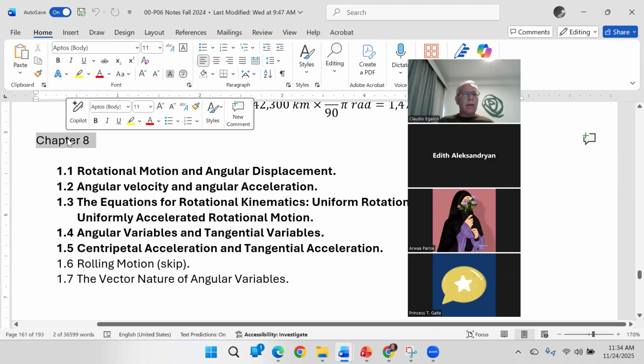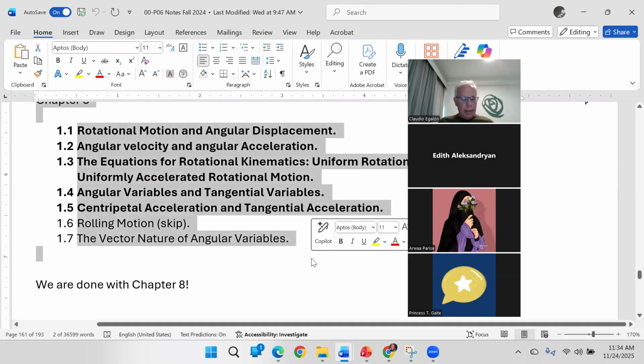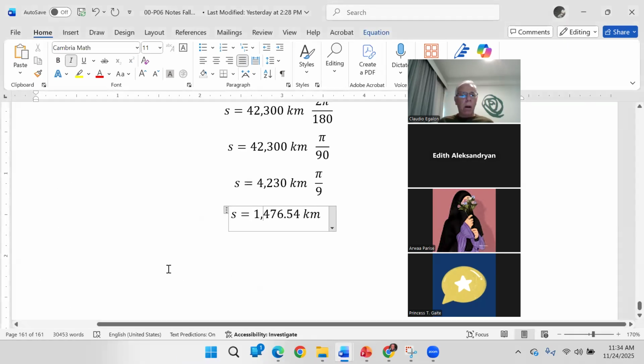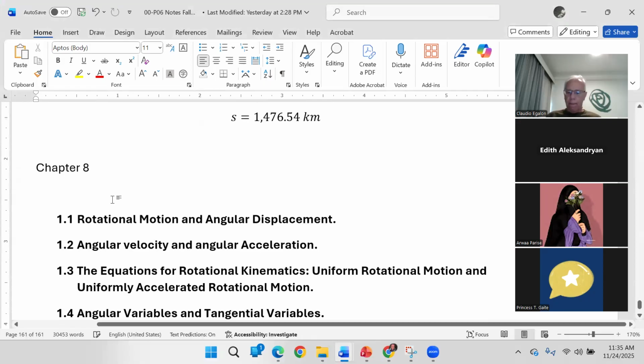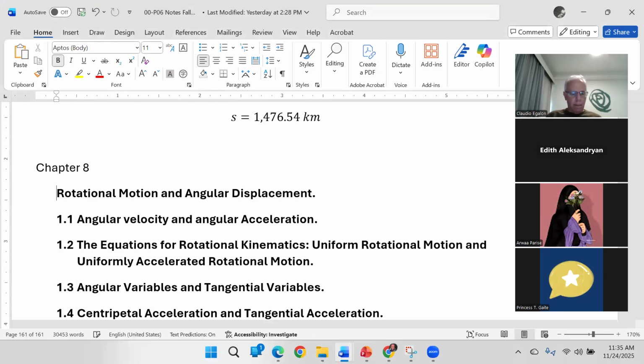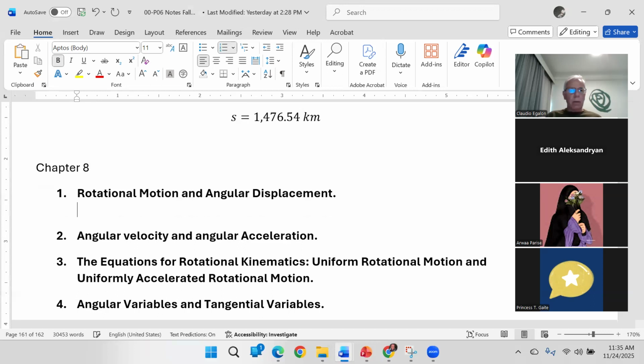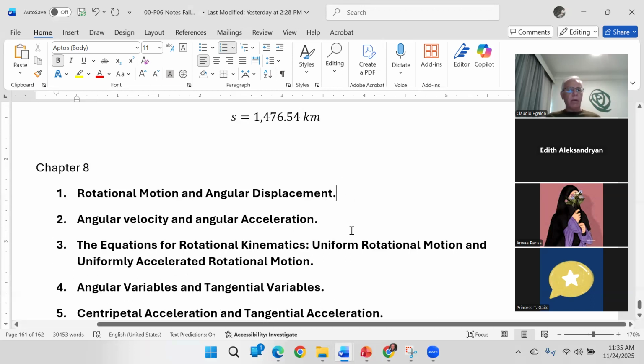Here are the sections of chapter 8 that we covered so far. Rotational motion and angular displacement, we covered that. Angular velocity and angular acceleration, we covered that.